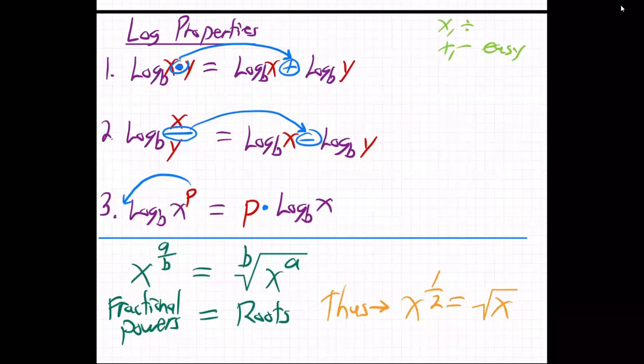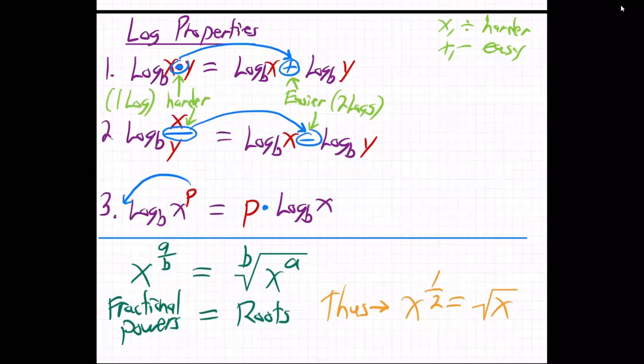But multiplying and dividing are harder operations, right? Notice that the harder operations of multiplying and dividing give way to the easier operations of adding and subtracting for two logs. And for one log is the harder operation.